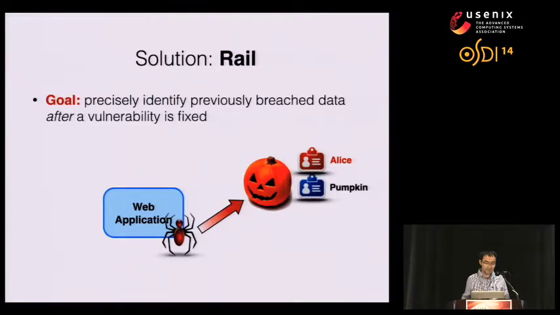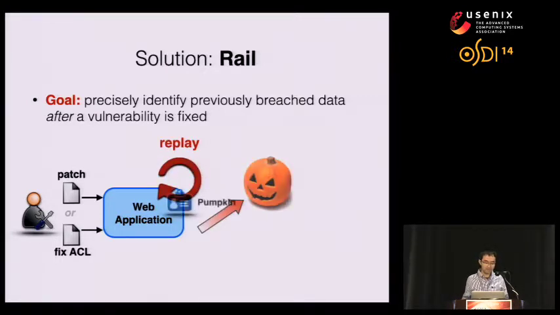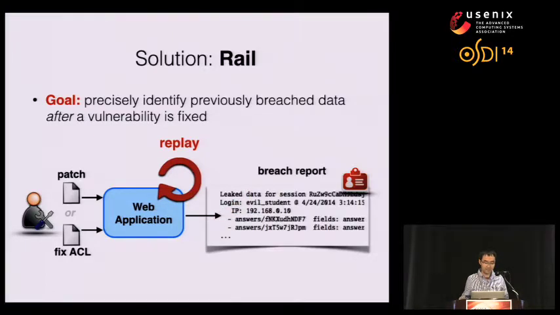And after that, the administrator patches the code or fixes the access control list, which eliminates the bug. Then RAIL will replay the application, and this time we notice that only the attacker's own data is sent to the attacker. And RAIL notices the difference and generates a breach report which contains only Alice's data.